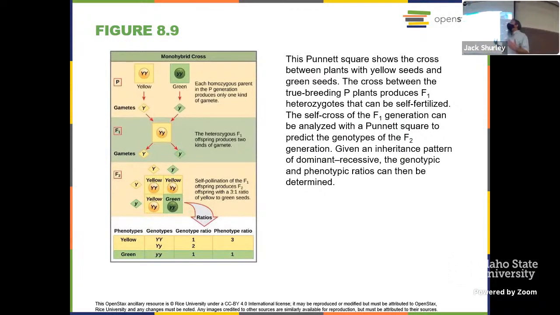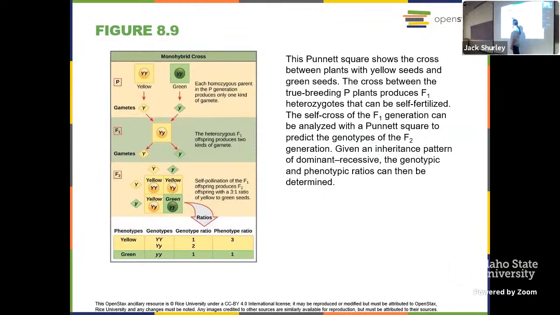Most stuff we think about following like this, where the dominant allele overshadows or masks that recessive allele. And I oftentimes think good copy, bad copy, but that's not 100% true. So in this case, the gametes that we can generate from this progeny would be one of each. It could be a big Y or a little y.